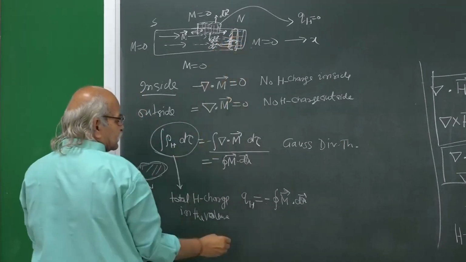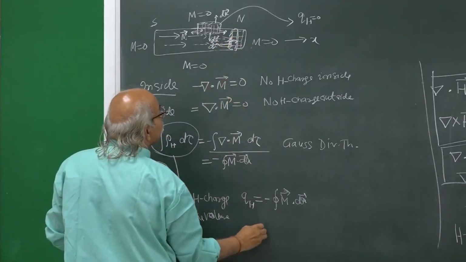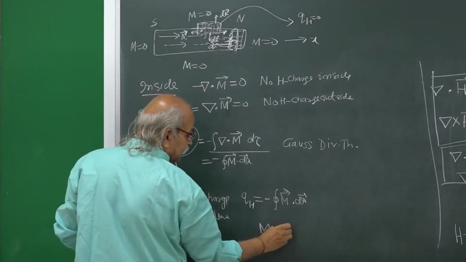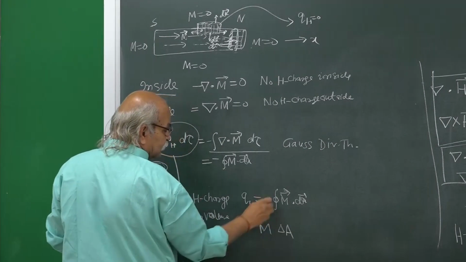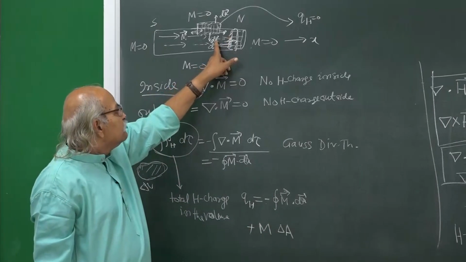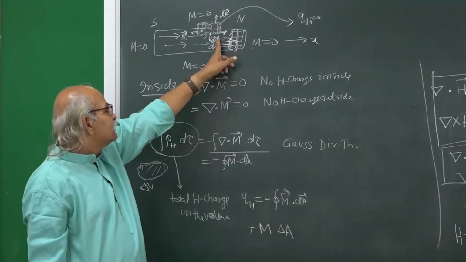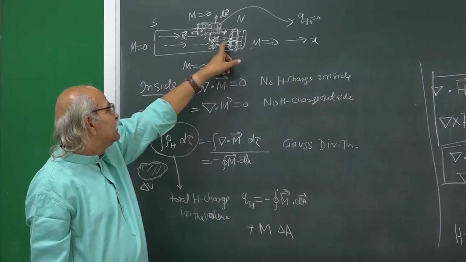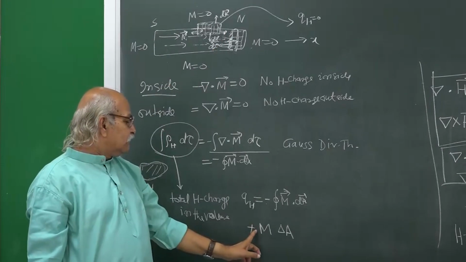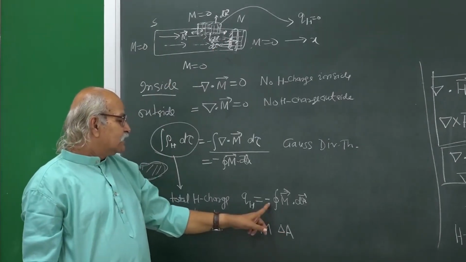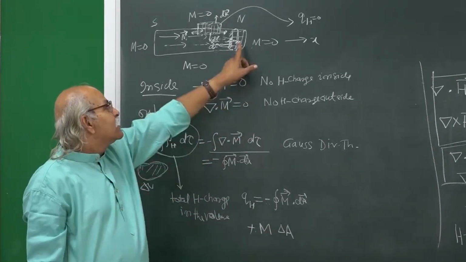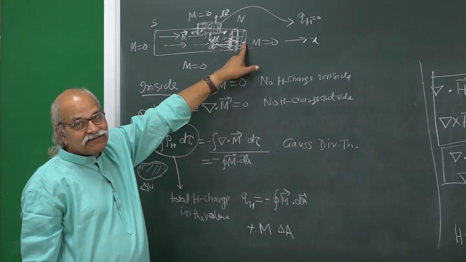So, on this surface m dot dA will be negative capital M into this whole area, and this negative sign is also there. So, that makes it plus m dA, and there is no m dA here outside. There is no magnetization.